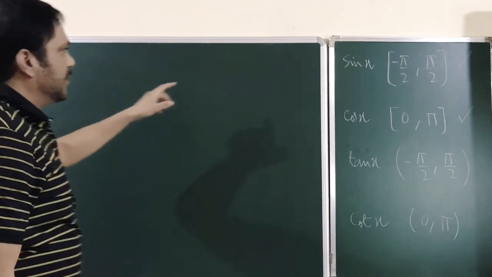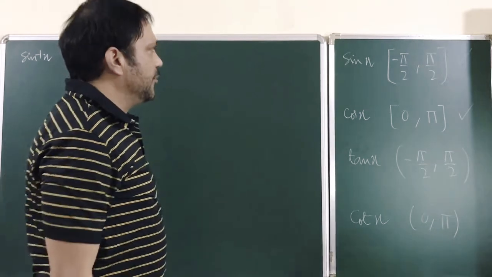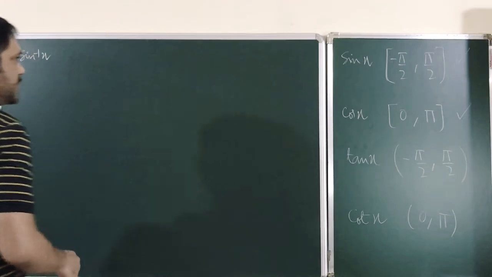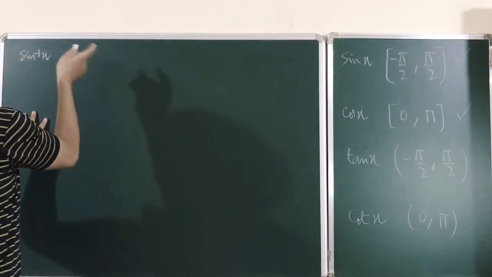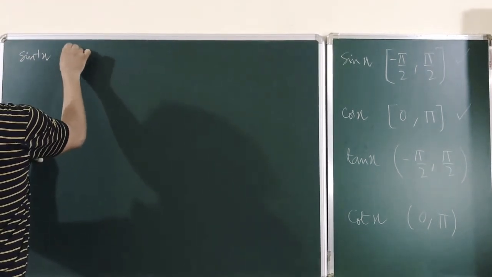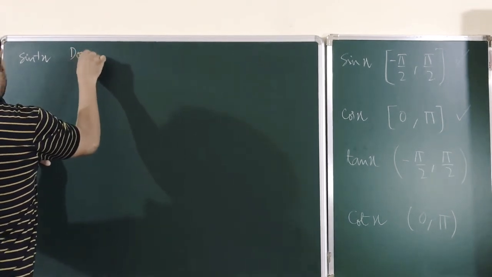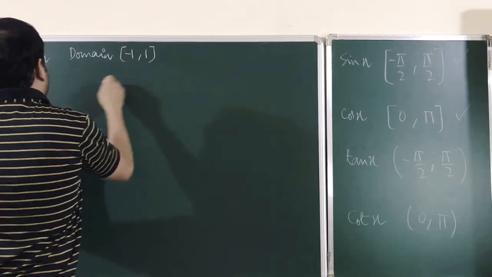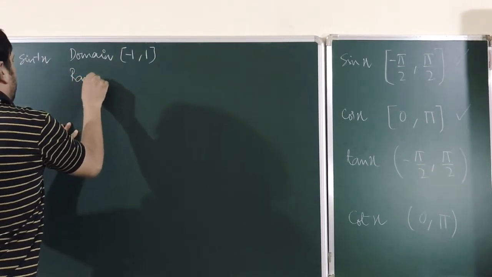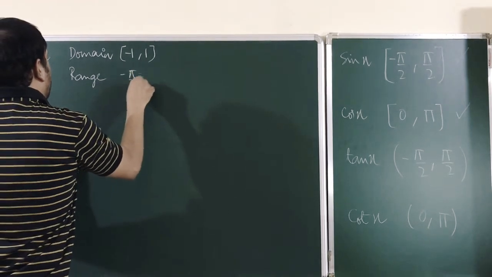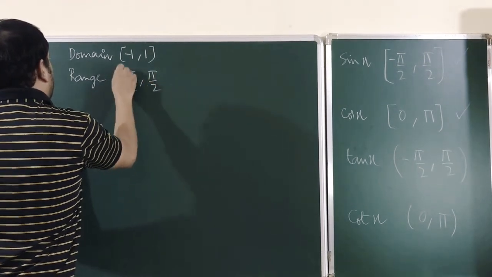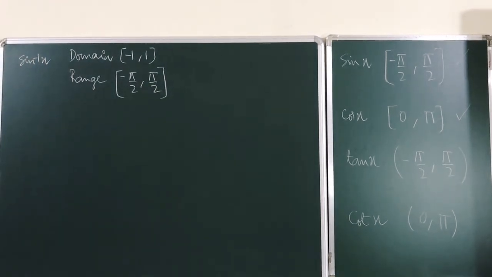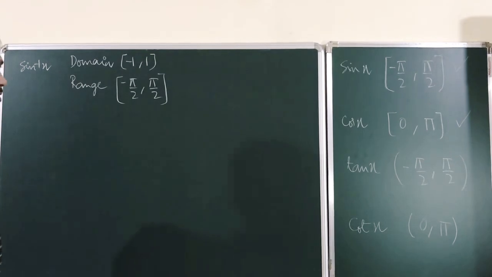Since the principal domain for the sine of x is minus pi by 2 to plus pi by 2, the sine inverse x's range will be that, and the domain is minus 1 to plus 1, and the range is minus pi by 2 to plus pi by 2. It means any answer of the sine inverse of x can never be greater than pi by 2, nor can it be less than minus pi by 2.